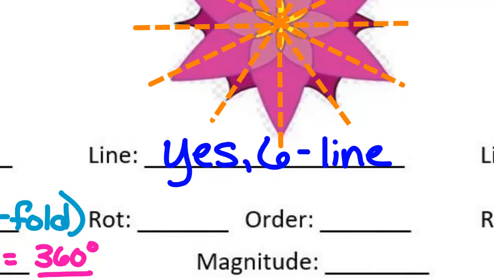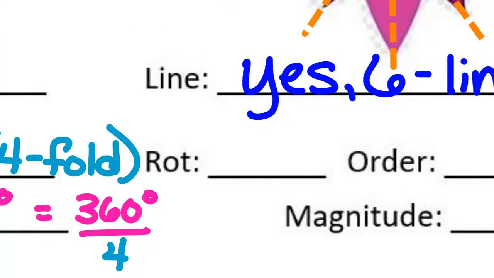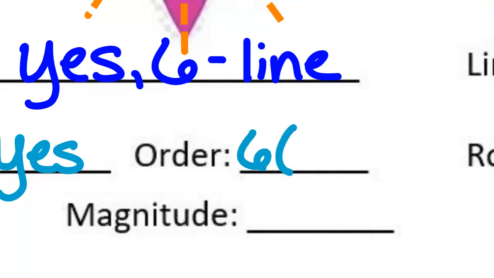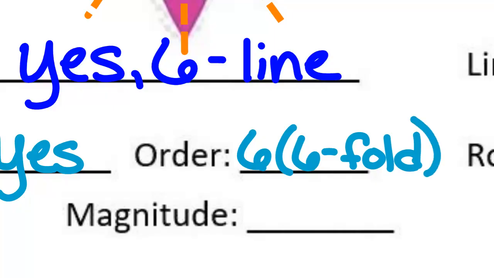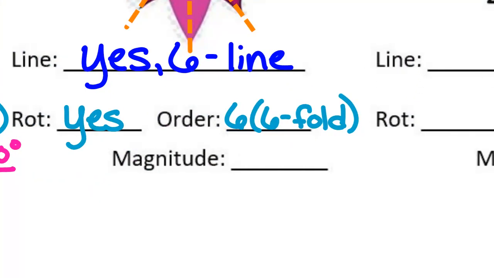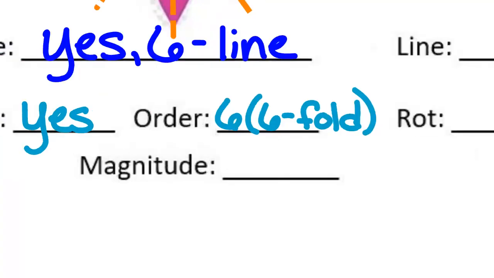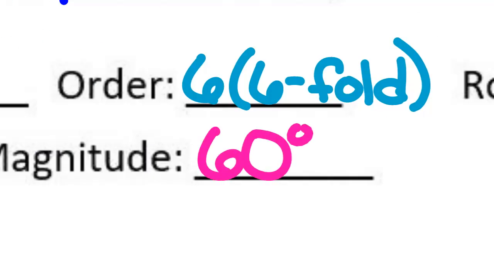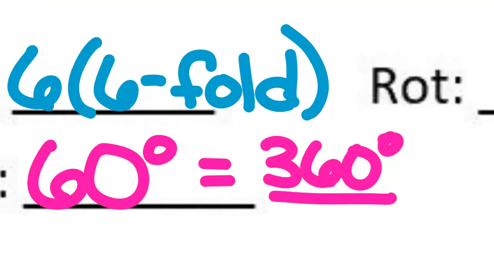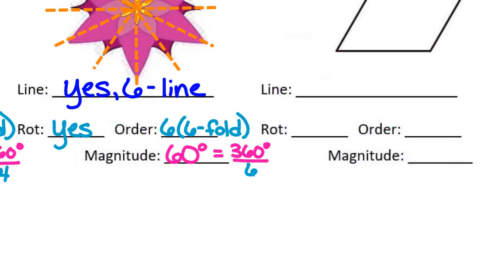Do you think we have rotational symmetry? Yes. Does anybody want to take a guess at the order? 6 is absolutely correct. So 6-fold. If I had the time, I would show you this with that virtual tracing paper that I have. So that would give me a magnitude of what? 60 degrees. 360 divided by my order.